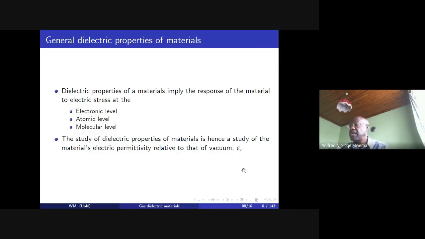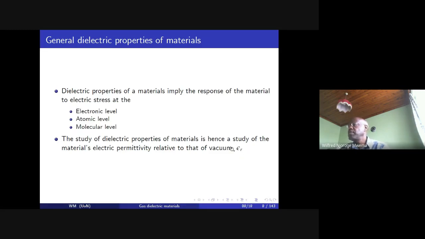And this study of the relative electric permittivity is applied in many areas. For example, you could be studying moisture in drying maize and the like to reduce aflatoxin. Epsilon R will depend on the moisture content of the material you are trying to study, and therefore you can get the humidity or moisture level in grains and so forth.